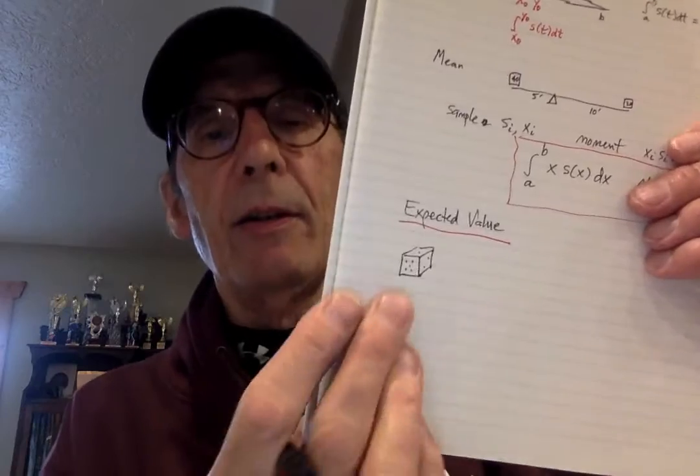So I want to take a single die. Remember, dice is plural for die. We've just got a cube with some pips on it, and we roll it. And we're going to play a game, and the game is this. If you roll a 3 or 6, you get $4.